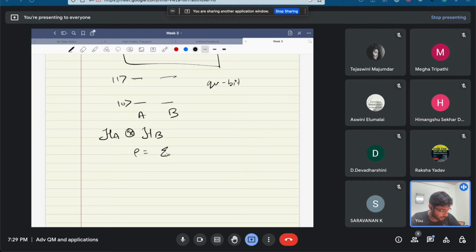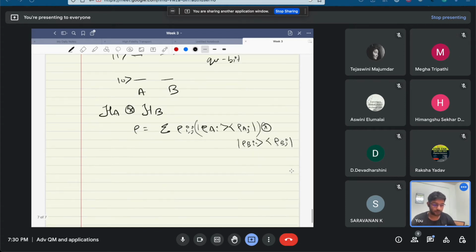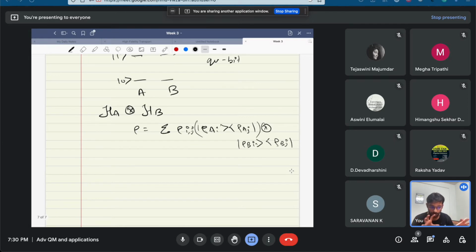For example, you have rho A tensor product with rho B. I'll also explain with an example. When you can write it in this form where the two state spaces can be separated, then you call it a separable state.